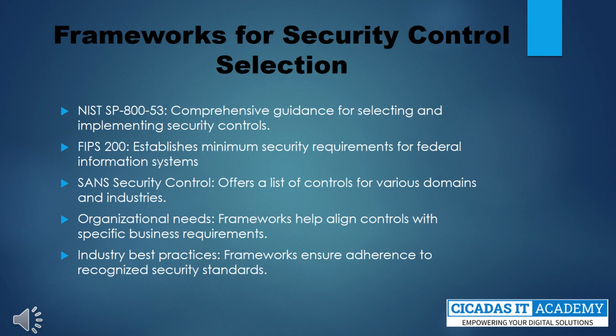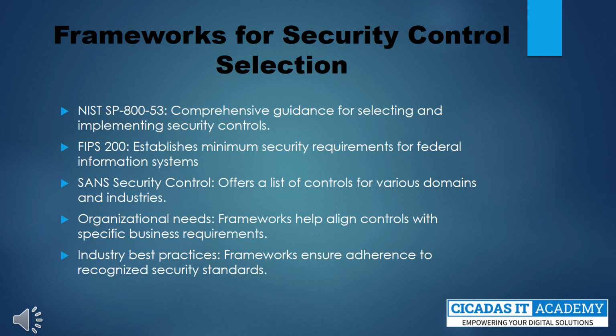Frameworks provide structured guidance for organizations in the process of security control selection. These frameworks offer best practices, methodologies, and control catalogs that align with industry standards and regulatory requirements. Examples include the National Institute of Standards and Technology (NIST) Cybersecurity Framework, ISO 27001, and the Control Objectives for Information and Related Technologies (COBIT).